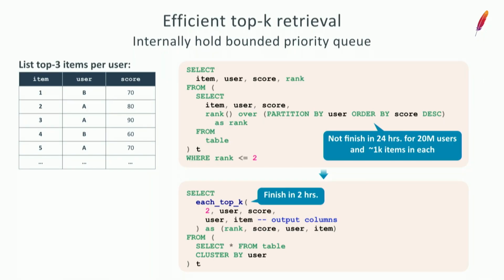One of the most frequently used utility functions is called each top k, at the bottom of the slide. Think about a scenario where you have this kind of table: item, user and score in the context of recommendation. If you want to pick, for example, the top 3 items for every single user, what kind of query do you have to write? It is possible, as I showed above on the slide, but it's kind of complicated.